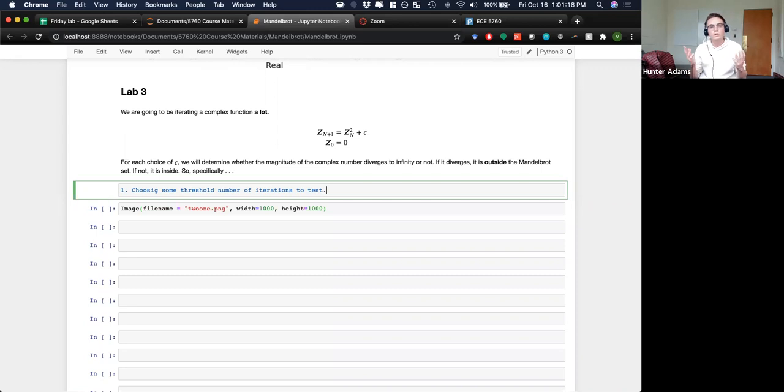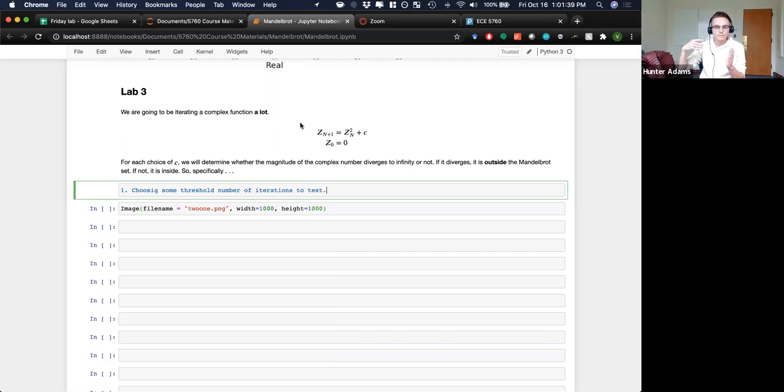So we're going to choose some relatively large number and iterate it that many times. And if after that many iterations, the magnitude of the complex number has not exceeded 2, you'll recall that for this particular iteration, if z here ever achieves a magnitude greater than 2, then it is going to diverge.